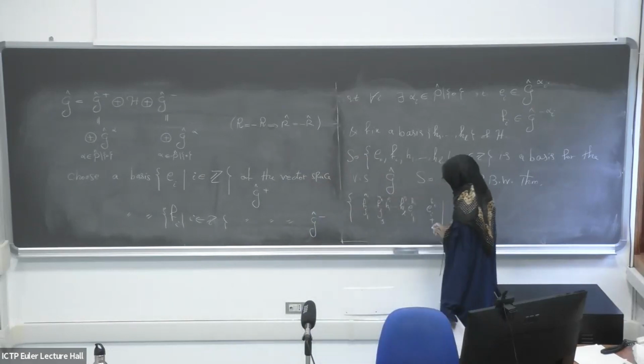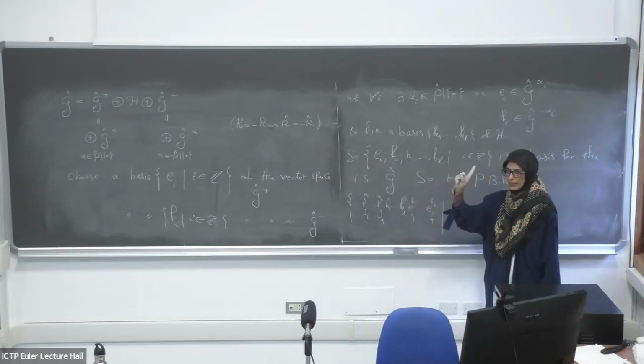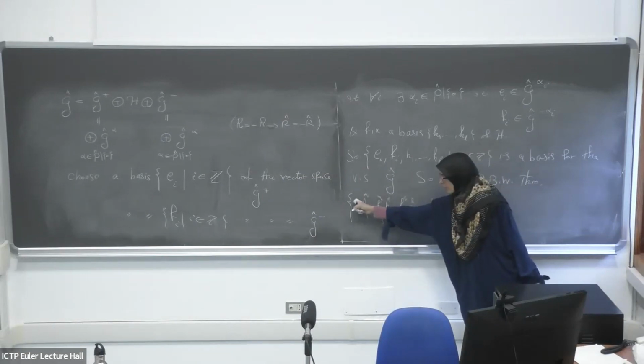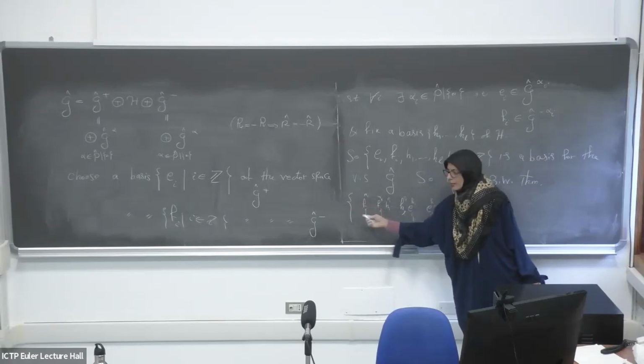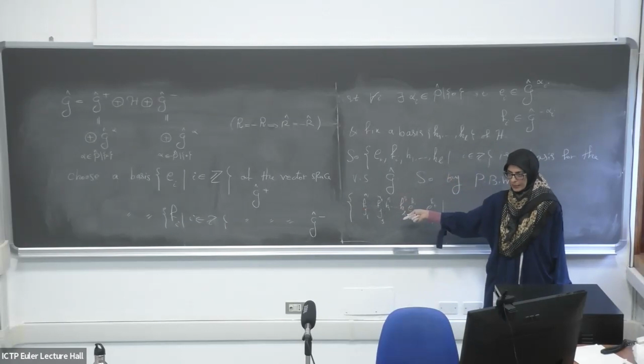Here, with the convention that I told you, I allow these powers to be 0 as well, because I don't write 1 here. If all of them are 0, I suppose that that one is 1, right?